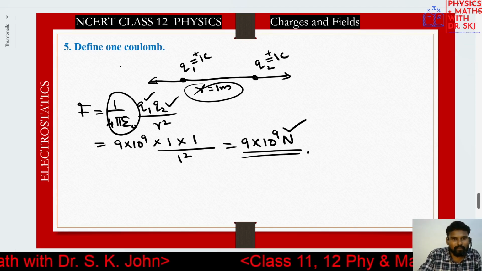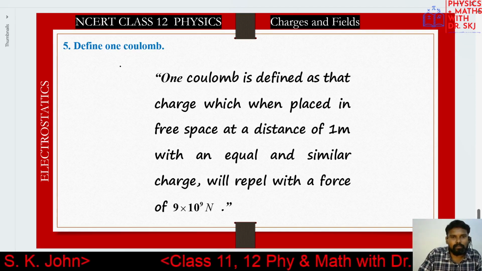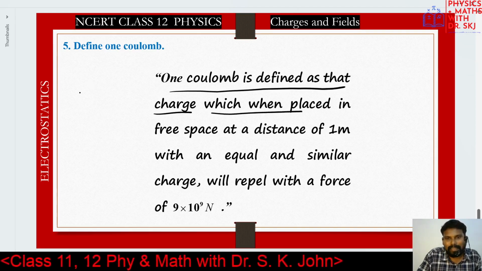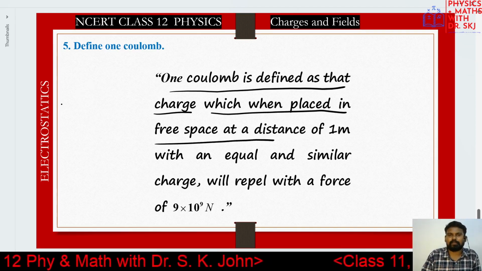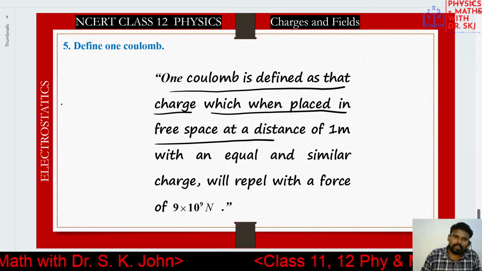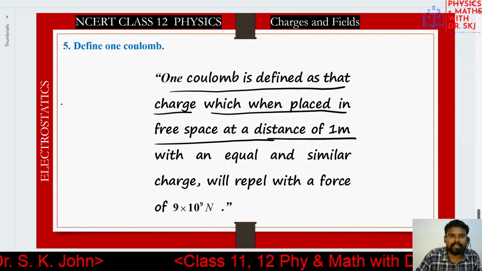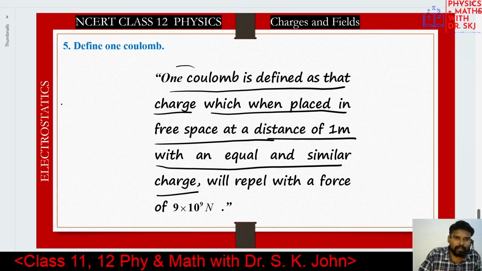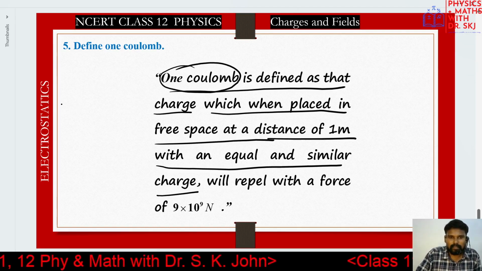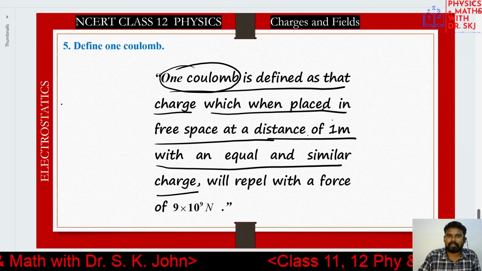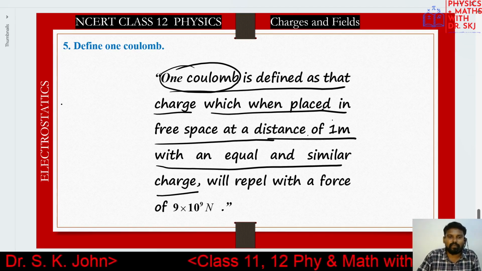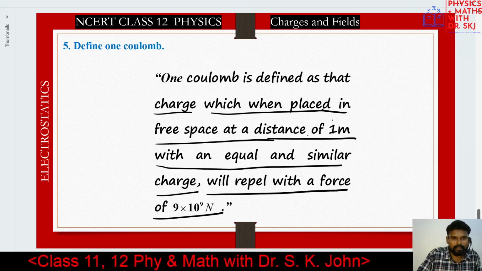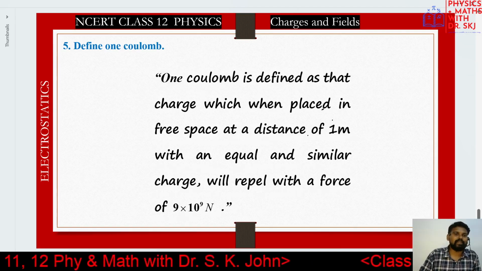So you can define 1 Coulomb charge like this. 1 Coulomb charge is defined as that charge which, when placed in free space or vacuum at a distance of 1 meter with an equal and similar charge, will be repelled with a force of 9 into 10 raised to 9 Newton. This is a difficult sentence, but this is the definition of 1 Coulomb charge.